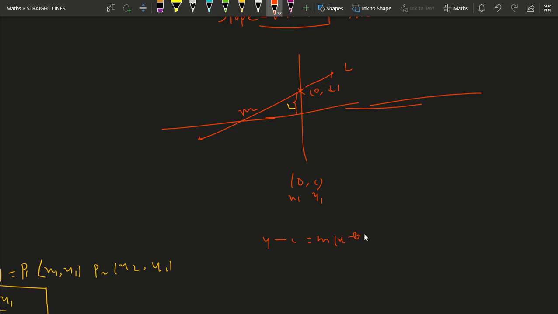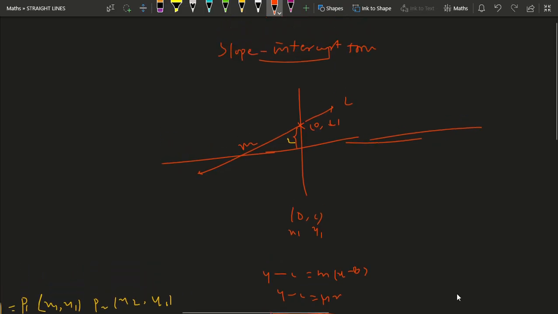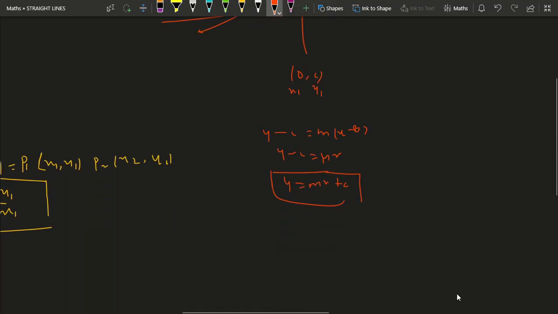Automatically I will get y minus c is equal to mx. So the wonderful result is y is equal to mx plus c. This is the slope intercept form.